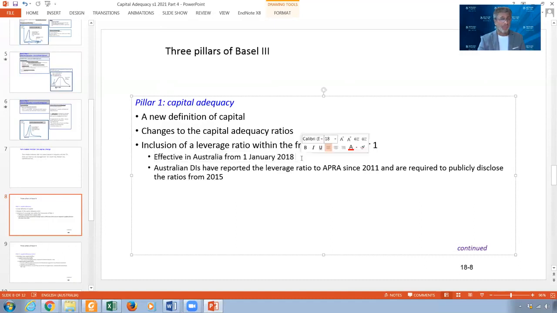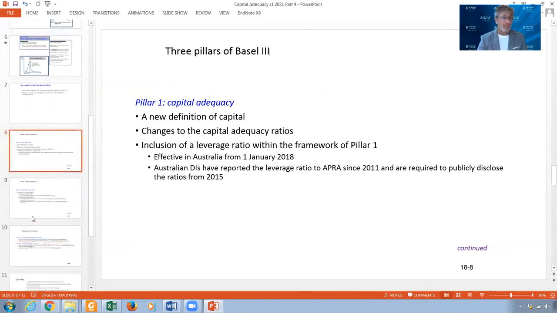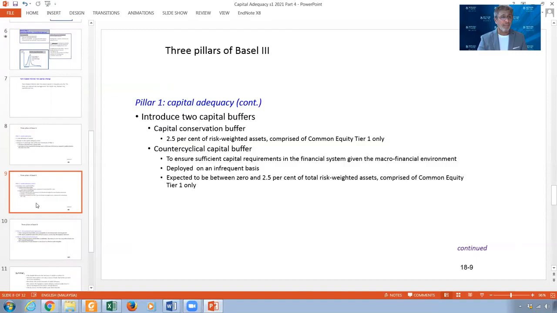And Malaysia started in 2000, it will end in 2019 and already ended. But this is the Australian regulations actually, which is not a big issue here. All I want to say is that Basel III is Pillar 1, Pillar 2, and Pillar 3. In Pillar 1, we are also requiring what we call 2 buffers.